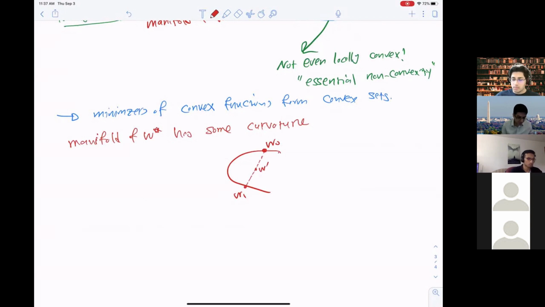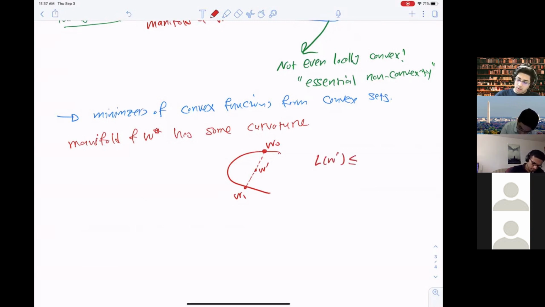But I know this W prime, the loss value cannot go below the loss value at W0 and W1, right? Because these are the minimizers for my loss. So here, because W prime is on the line between W0 and W1, the loss should be lower than W0 or W1, but we know these are the minimizers, so these are my minima.